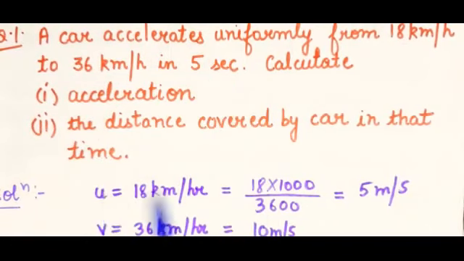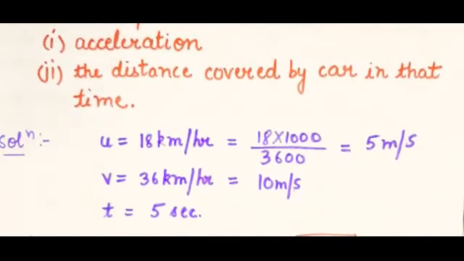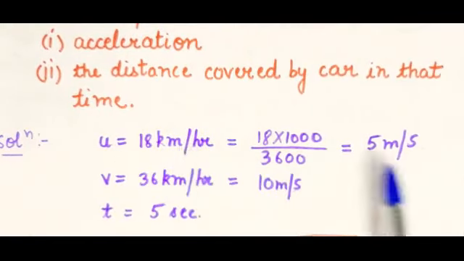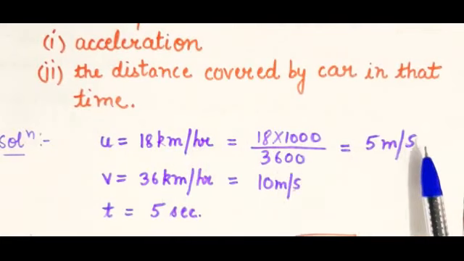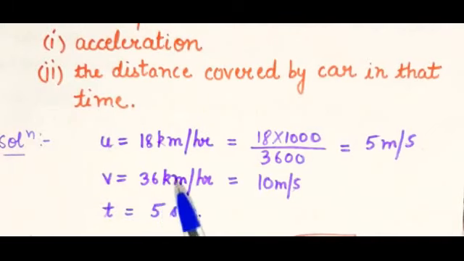So u is 18 km per hour, v is 36 km per hour, and time is 5 seconds. You need to convert kilometer per hour into meter per second. How will you convert? 18 into 1000 divided by 3600 gives 5 meter per second. Similarly v, 36 into 1000 divided by 3600, gives 10 meter per second.